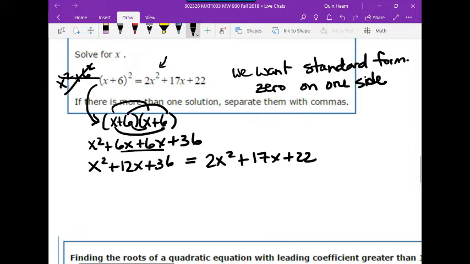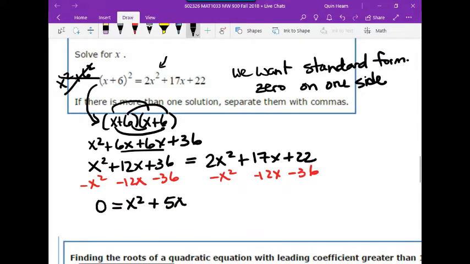So I'm going to subtract x squared from both sides. I'm going to subtract 12x from both sides. And I'm going to subtract 36 from both sides. That will leave me with a 0 on the left. And on the right, we're going to have x squared plus 5x minus 14.